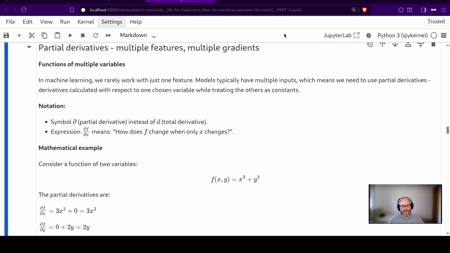Derivatives are calculated with respect to one chosen variable while treating the others as constants. Notation: the partial derivative symbol is used instead of the total derivative. The expression, partial derivative of f divided by partial derivative of x, means how does f change when only x changes.